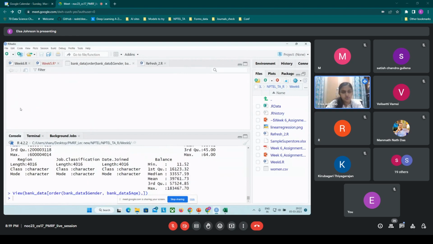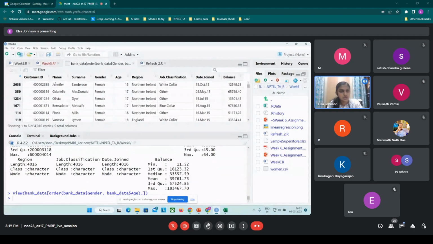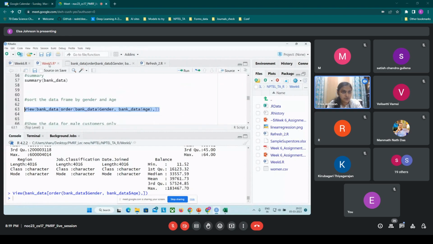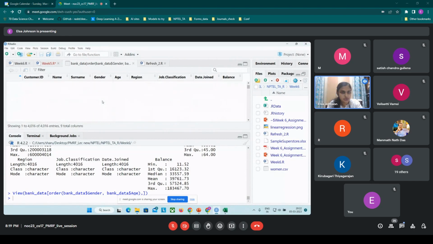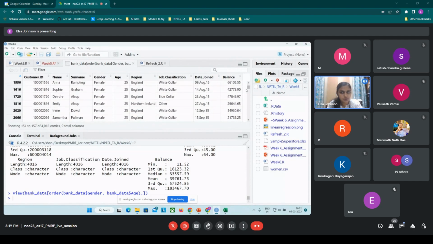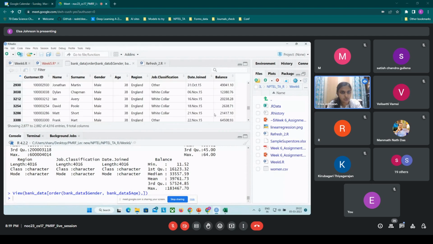If I view this, you can see the whole data frame is ordered first by gender: female first, and after all the female values are over, male comes, because female is encoded as 0 and male is encoded as 1.